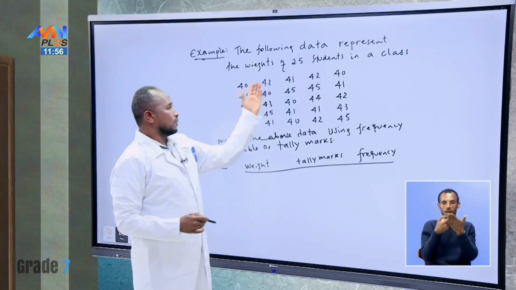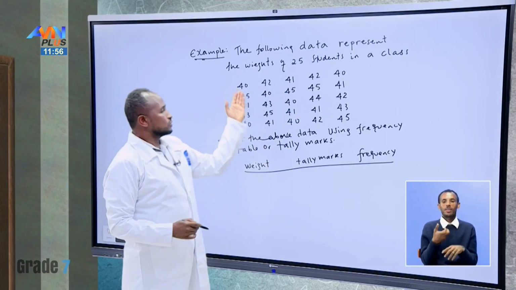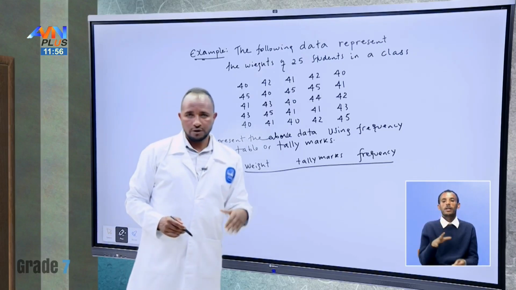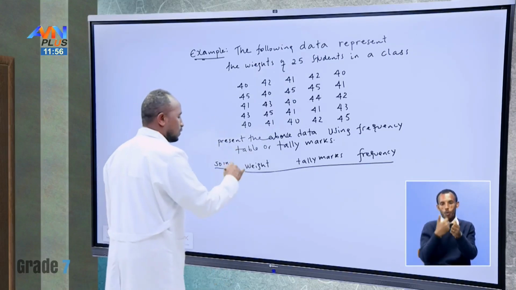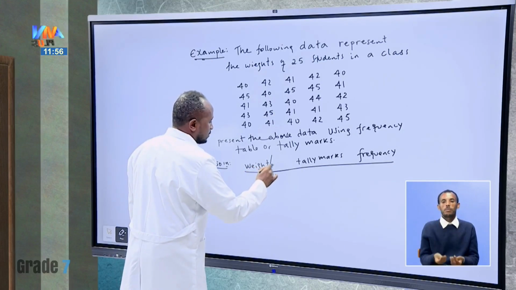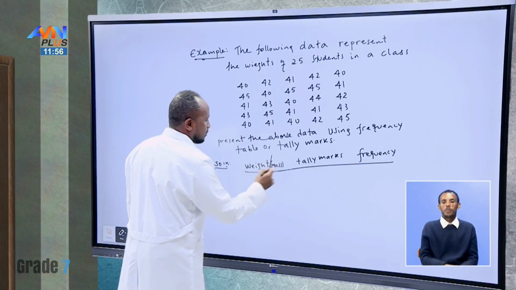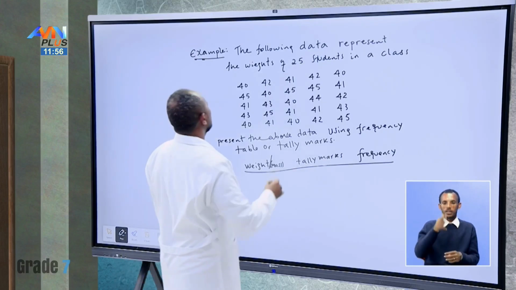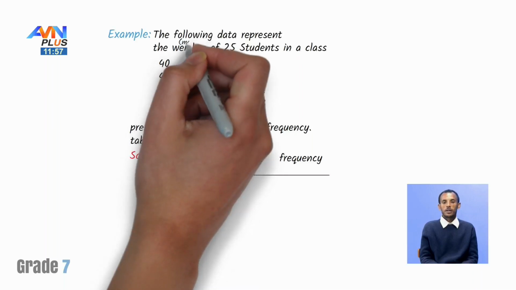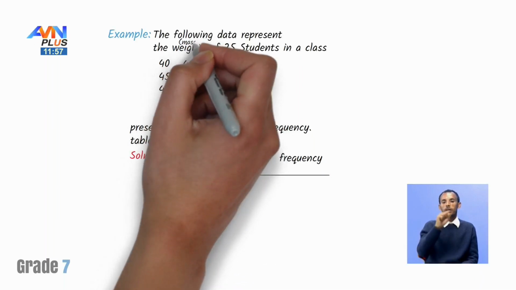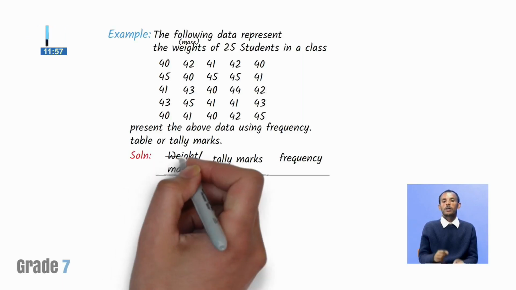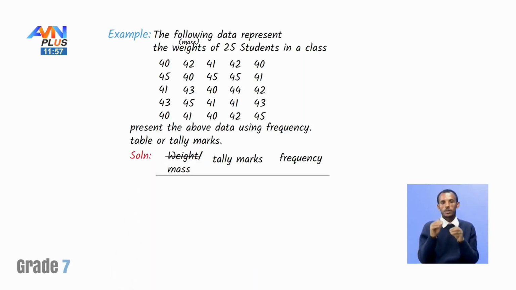Here we have weights from 40 to 45. Weight or mass, it's better to say mass in kg. It's the mass of the students.